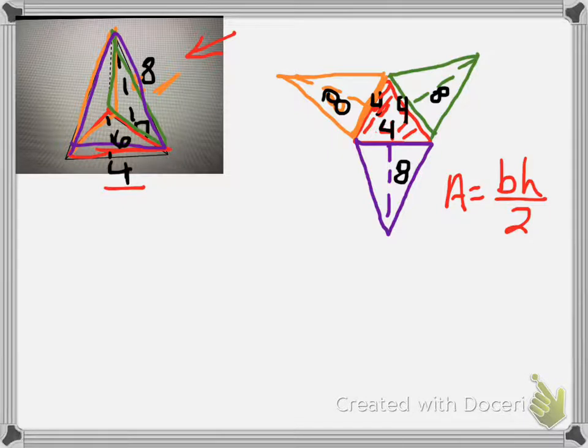Let's say the height of this triangle is going to be 6. Let's label that here. Sorry I forgot to do that.